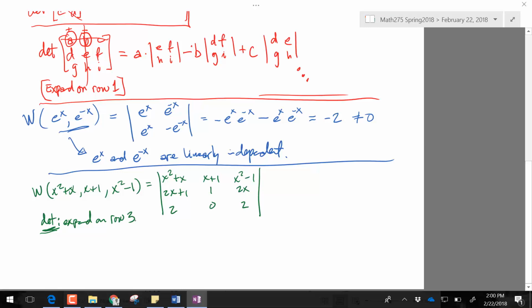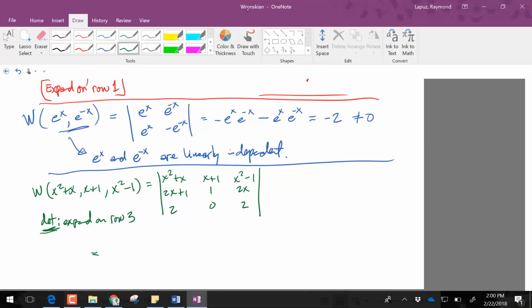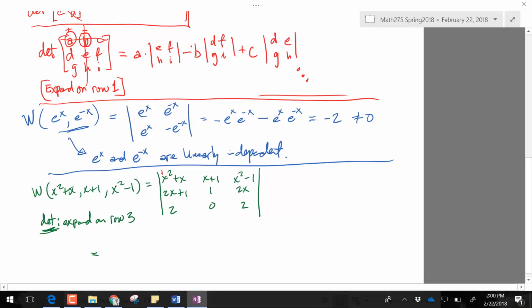Now let's do the expansion. We need to do that checkerboard thing, check whether we're positive or negative. So this is positive, negative, positive, negative, positive, negative, positive, negative, positive. So I'm expanding on the third row, and now I'll start off with a positive 2.